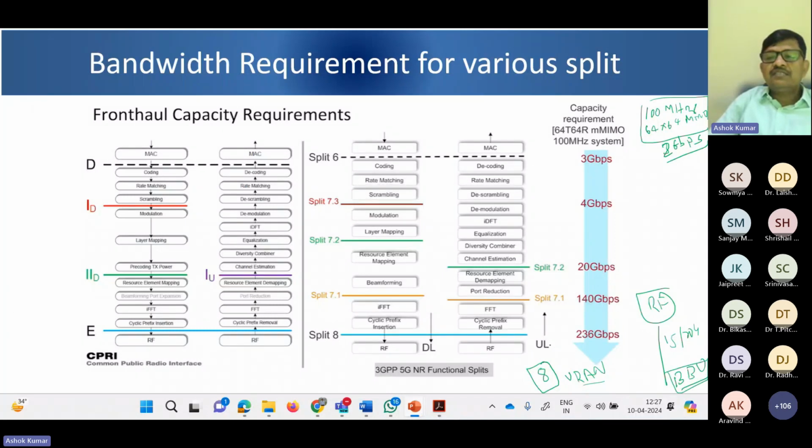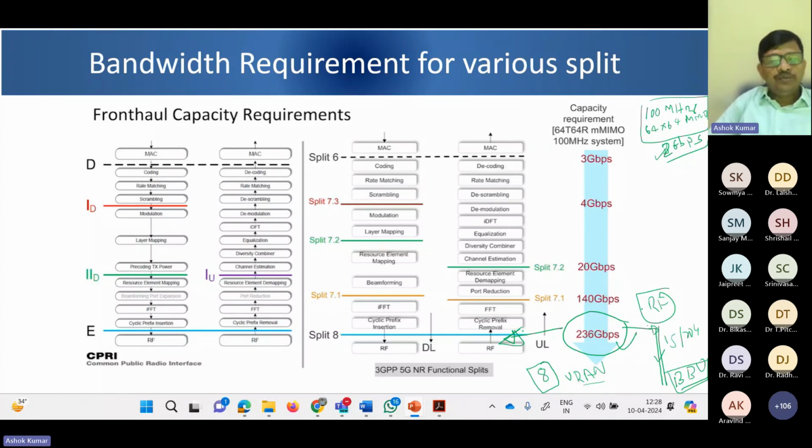In this case, the split is at RF. Although user traffic can be about 2 to 3 Gbps, I need a backhaul which can support 236 Gbps, because the entire RF, all the radio signal handled by the BBU, is being transported to the BBU 15 kilometers away. So the backhaul requirement is 236 Gbps.